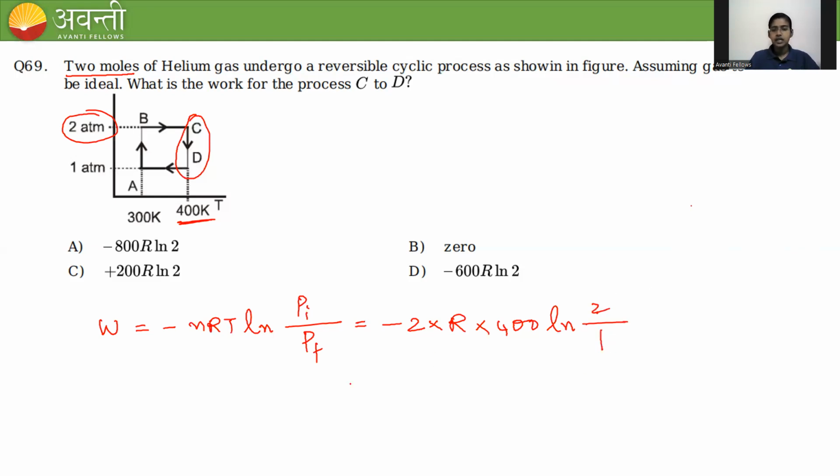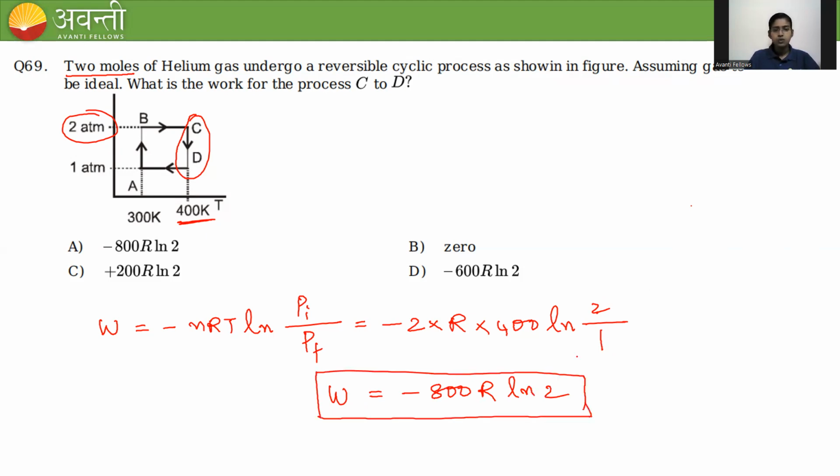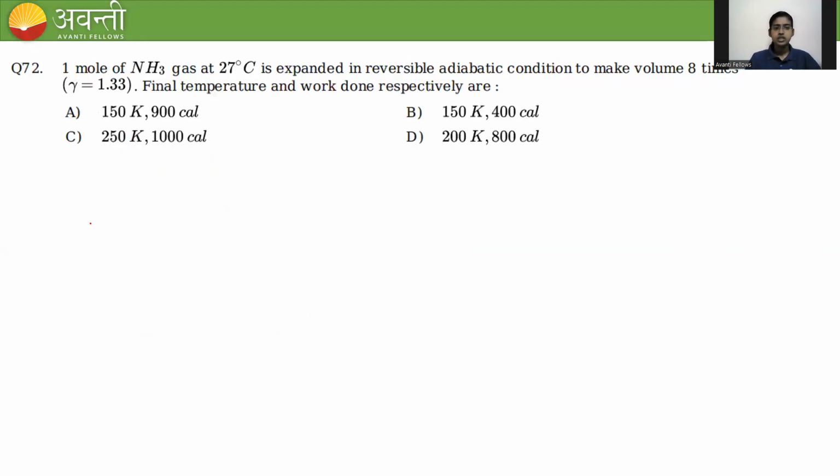So we are getting like this. So the work done will be equal to minus 800 R into ln 2. Okay. So option A will be the correct answer for this. Okay. Then moving on to the next question.